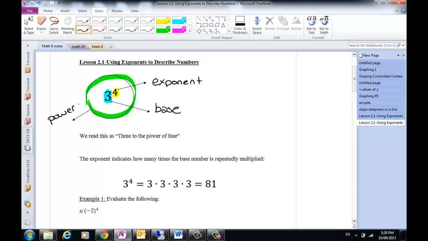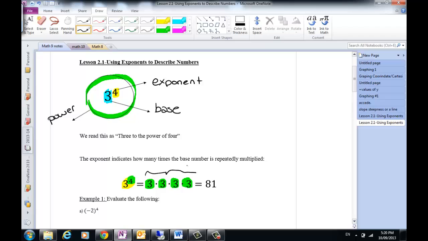And what does this actually indicate? Well, 3 to the power of 4 is telling us how many times the base, in this case 3, is multiplied by itself. So here we can see that this 4 is referring to 3 times 3 multiplied by 3 multiplied by 3, 4 times in total.